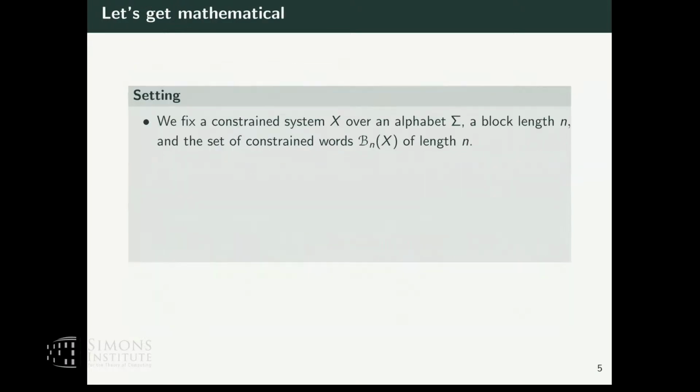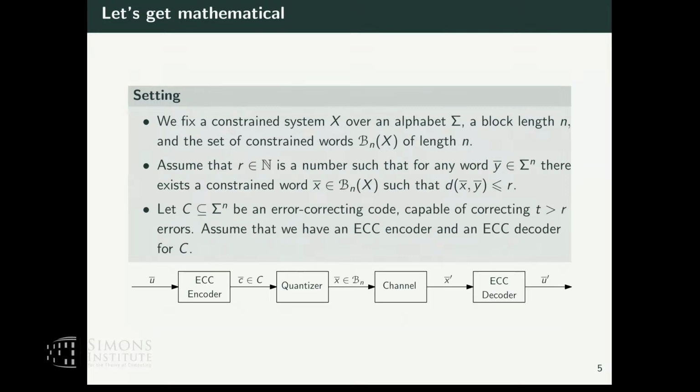So here's a summary with a block diagram. When we want to transmit a user code word, we take this U and put it into this ECC encoder, pick whichever one you want, I don't care. And then we get a code word. It's not constrained.